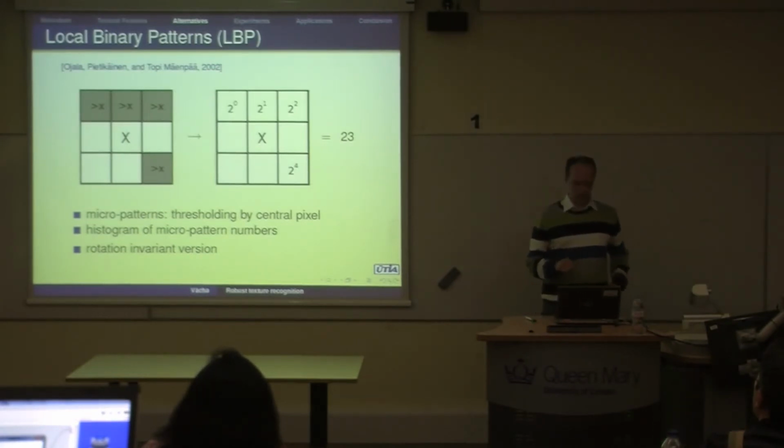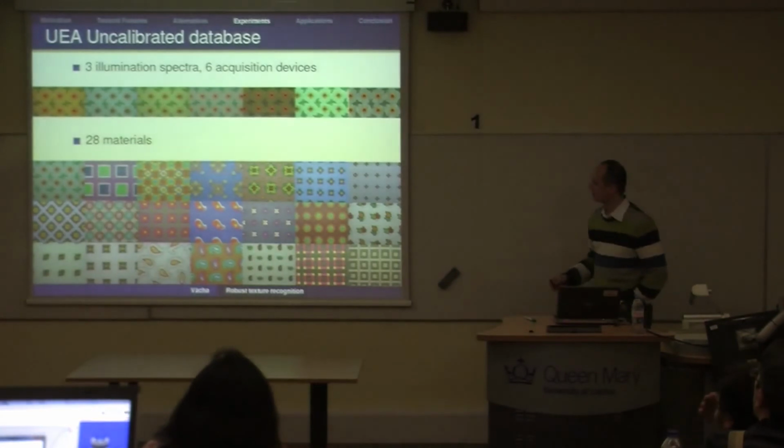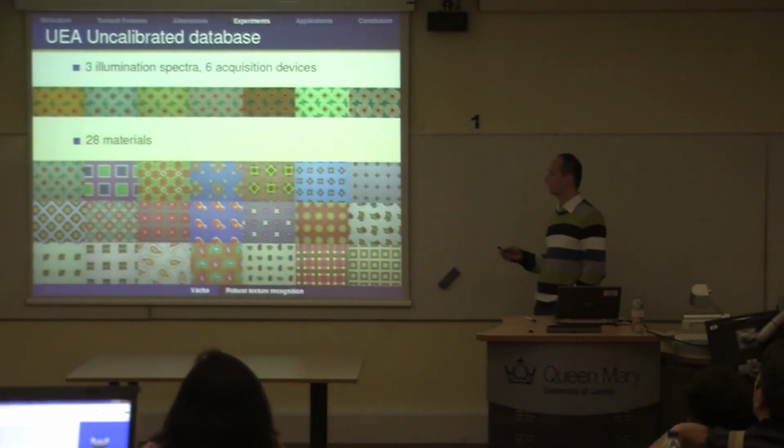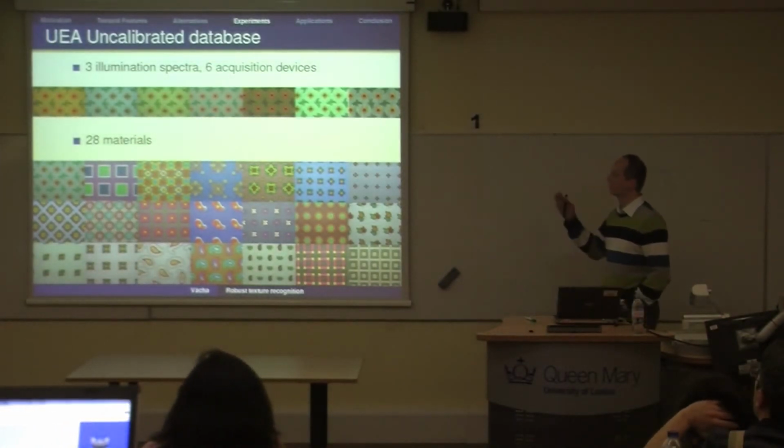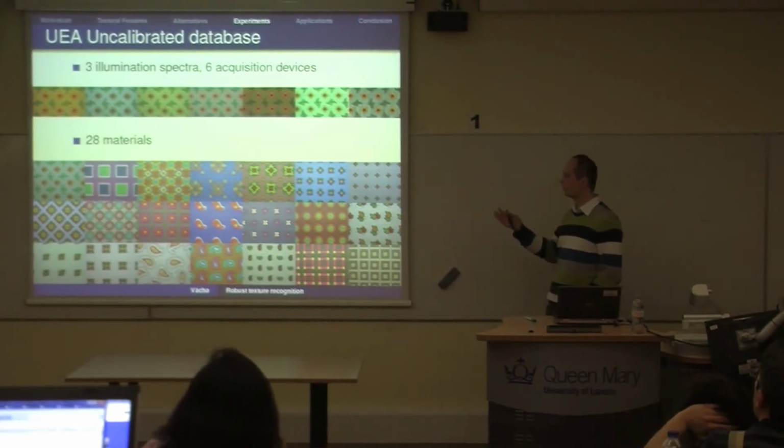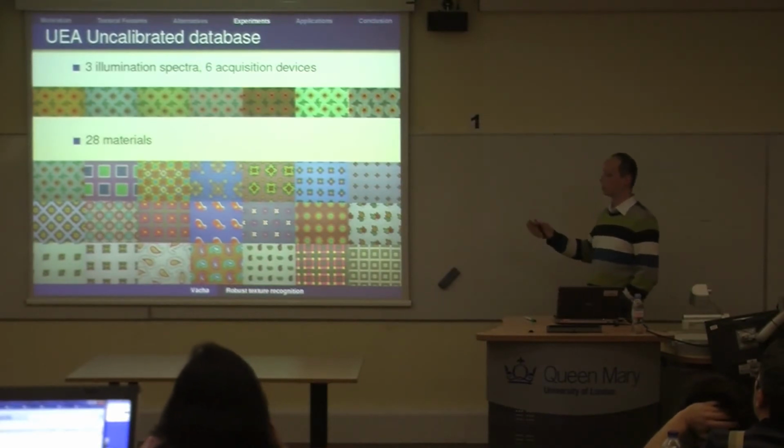So that was the features. And now I will show some of our results and some of the database materials, so we can see what the possible variations in the database are and what results could be expected.